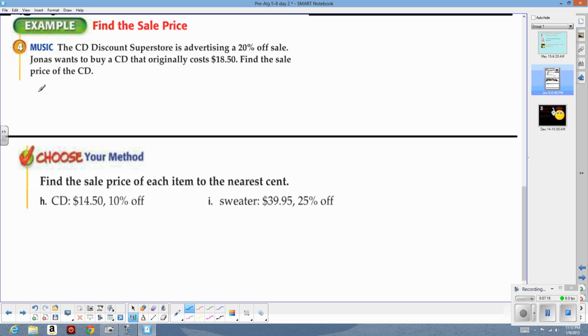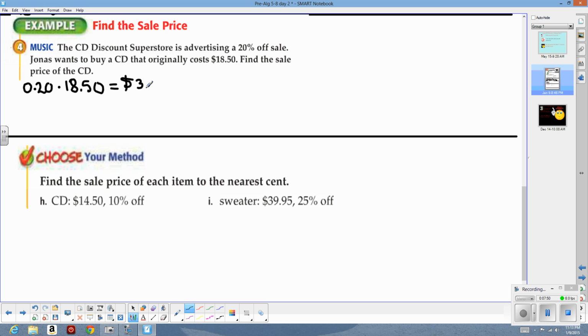Well, the first method is just to figure out how much he's going to save first. So 20% of $18.50, 20% as a decimal, times the cost of the CD. Means that he's going to save $3.70.